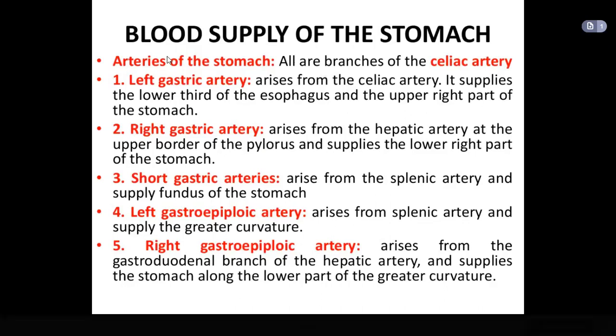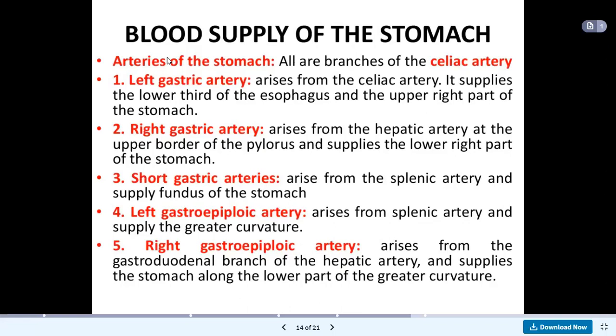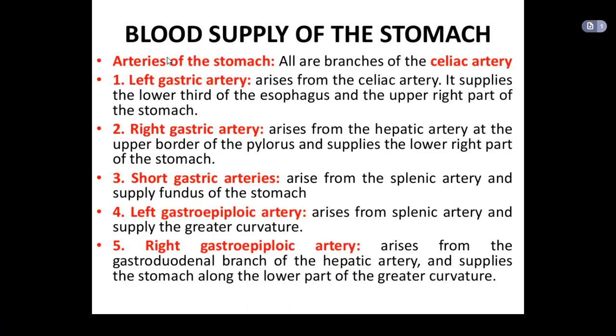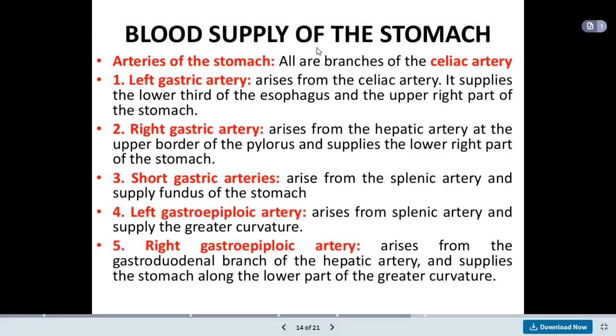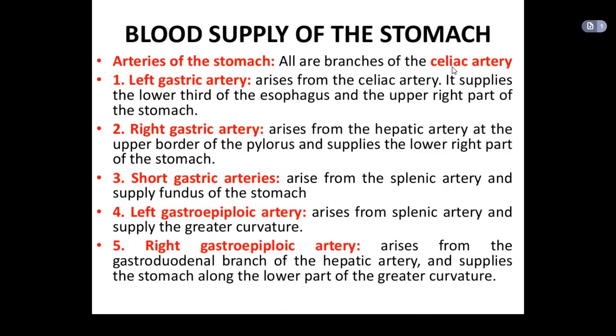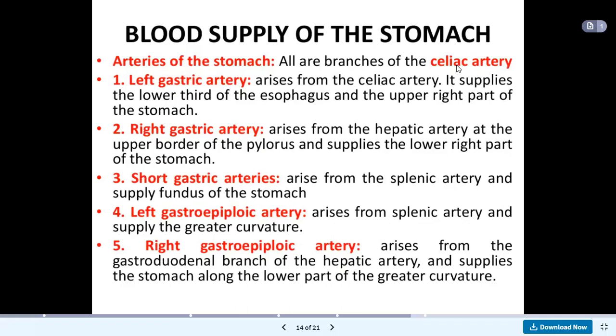First of all, remember that all of these arteries are branches of the celiac trunk. We had said that the celiac trunk is the first branch of the abdominal aorta, and that is what supplies the stomach. So branches of the celiac trunk supply the stomach. These 5 arteries are coming from the celiac trunk.